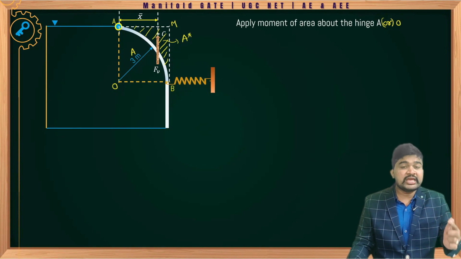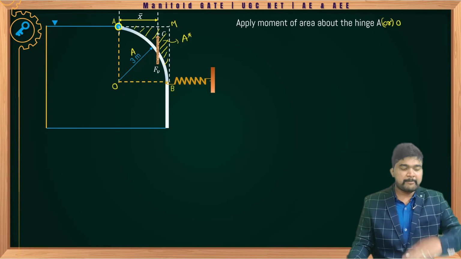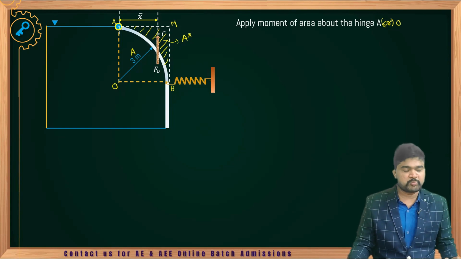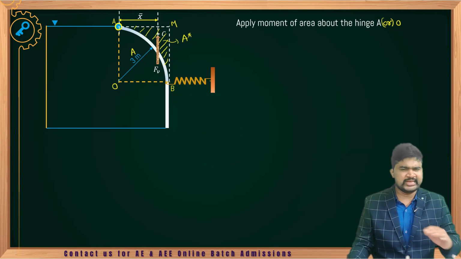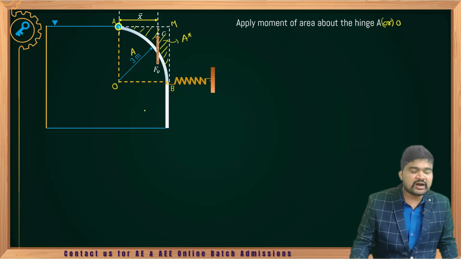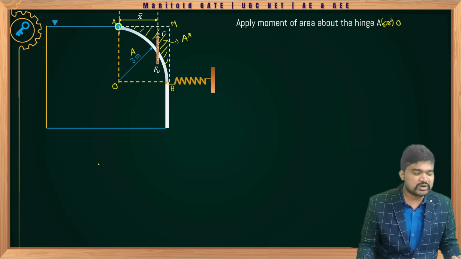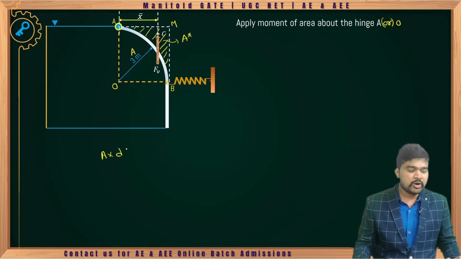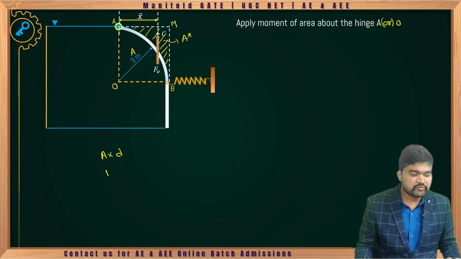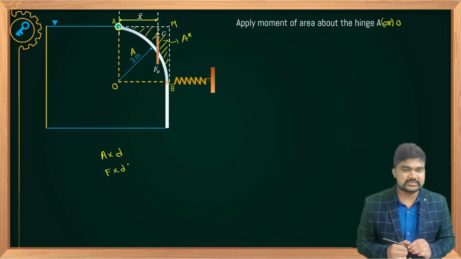Moment of area of the square about point O, or about point A, that is up to you. Moment of area means what? Area into perpendicular distance. Moment of a force means force into perpendicular distance.